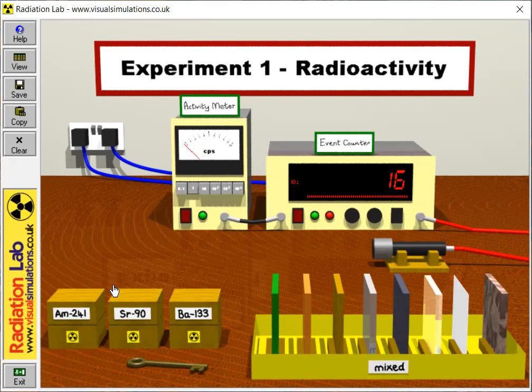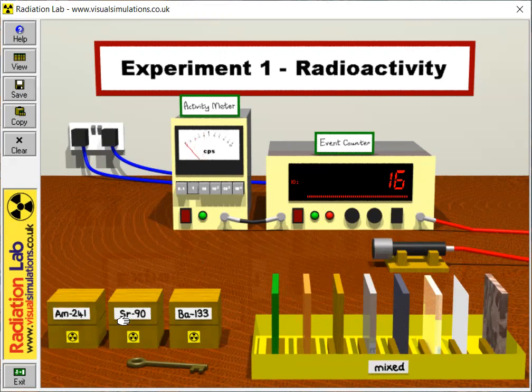Background radiation is only covered at triple at the moment, but it is worth talking about because it's important for students to understand that radioactive materials aren't a one-off. They're not something special. They're very much part of our everyday life and all around us.